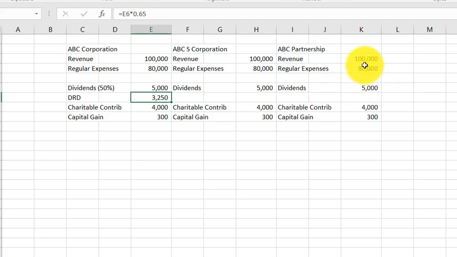Now, same thing with a partnership, except partnerships can allocate that 20,000 and the dividends in a much more flexible way. It does not have to be exactly according to ownership.